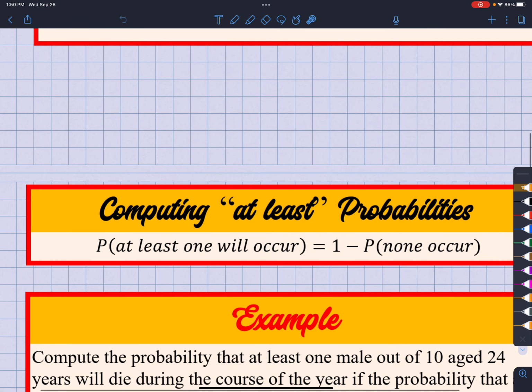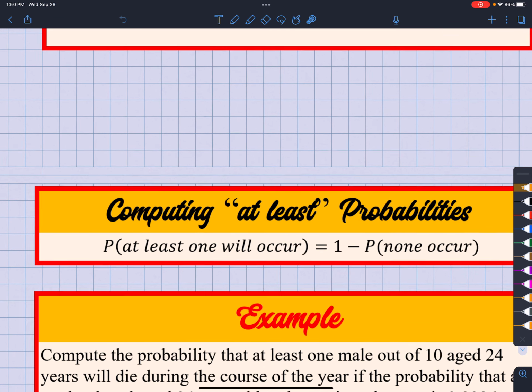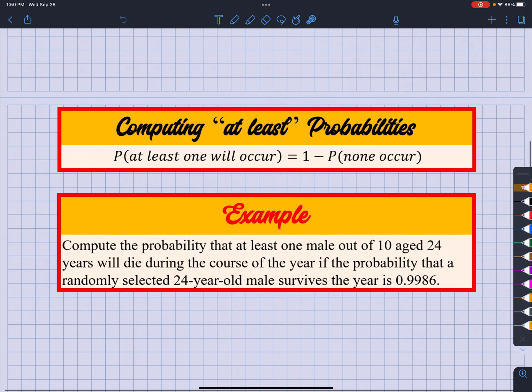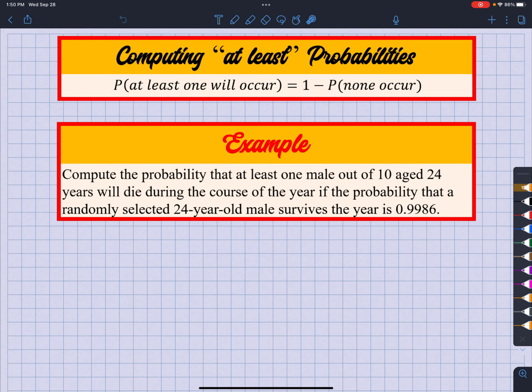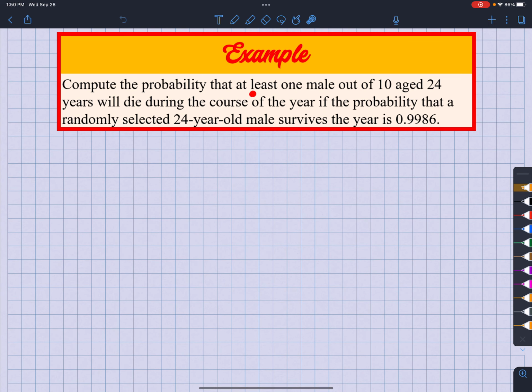All right. First of all, we have to compute at least one probabilities. At least one will occur means it's one minus the probability that none will occur. So let's compute the probability that at least one male out of 10, at the age of 24 years, will die during the course of the year, if the probability that a randomly selected 24-year-old male survives a year is 0.9986.